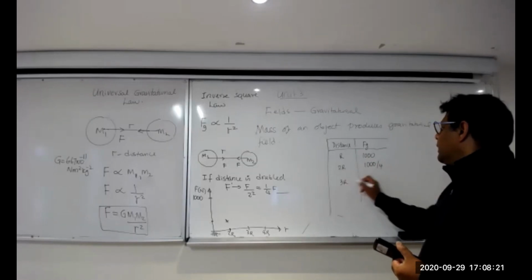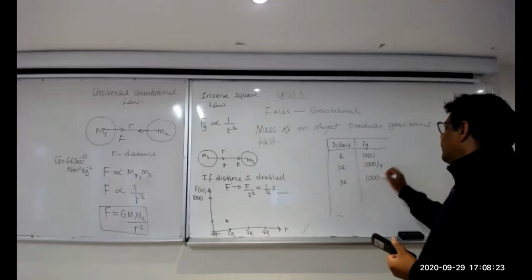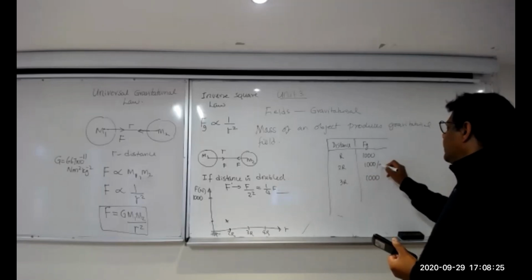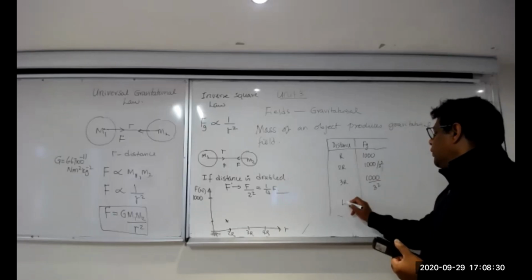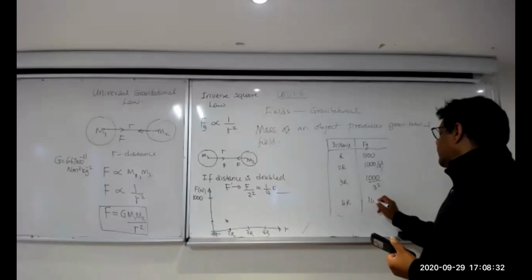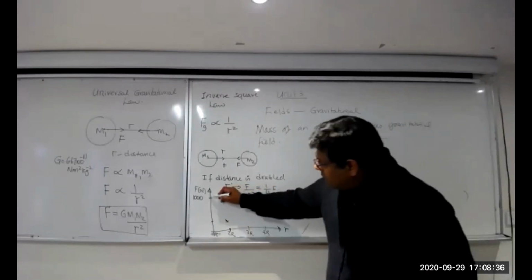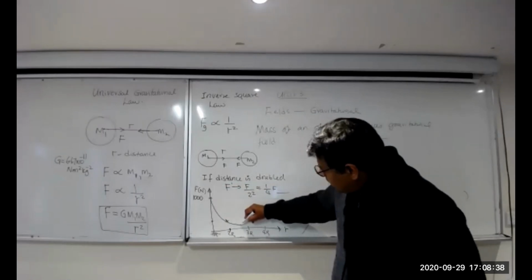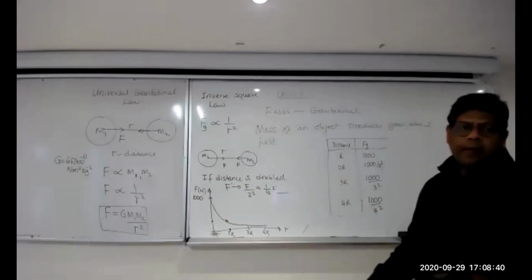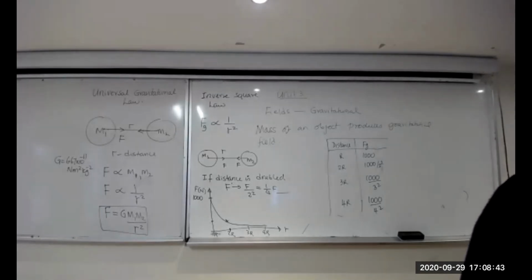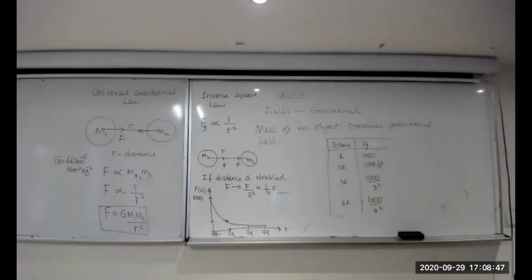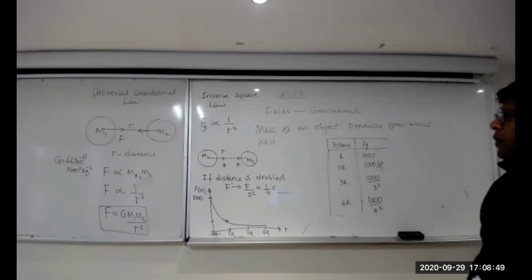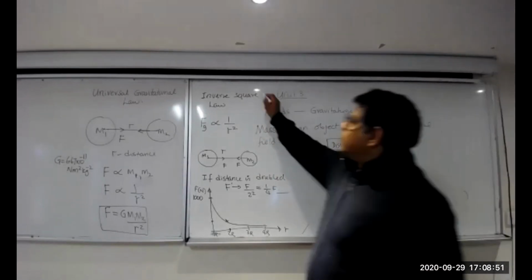If we triple it, 1000 divided by 3 squared, and if you go 4 times, 1000 divided by 16, and so on. So that's what you get. Your graph looks like that, never reaching the asymptote. You can see it's gradually getting smaller and smaller because it's following the inverse square law relationship.